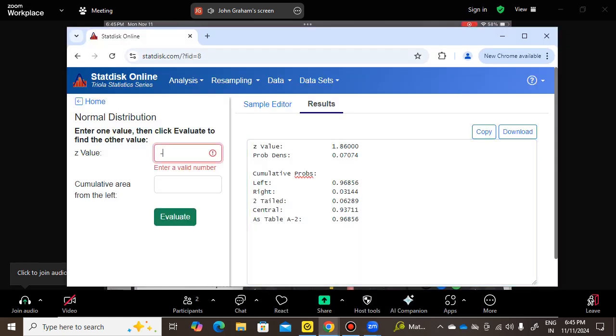Less than -1 gives 0.15866, less than -2.5 gives 0.00621. And when we subtract, we end up with 0.15245, or 15.2%.